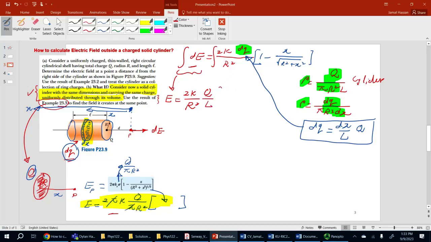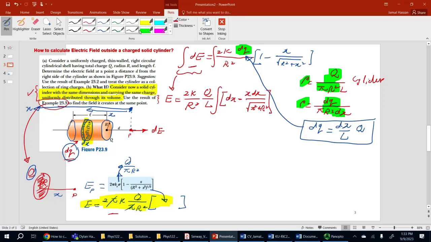So I'm going to have the integration of a term, and remember, we have dQ, so we have dx. This term will be x dx, and then we have a square root of x squared plus r squared, or r squared plus x squared, doesn't matter, right? And I'm going to close this.